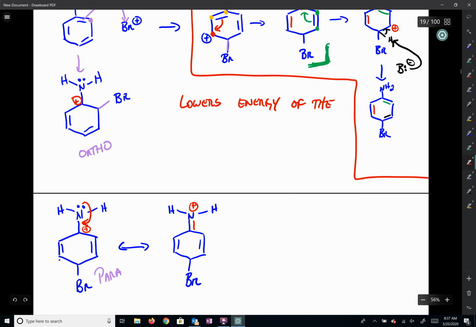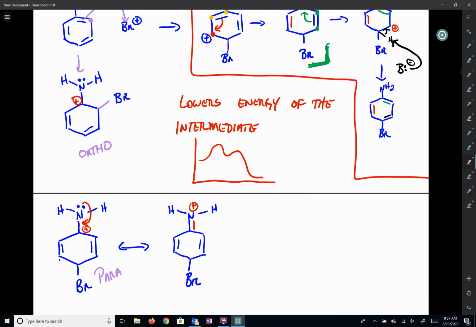of the intermediate. And so if you take a look in the book or you look it up online, there's nice pictures of this, right? Remember that we can draw reaction profile diagrams for all this stuff. Our reaction profile diagrams are our hills and our valleys that we go through. And our intermediates are our valleys, right?